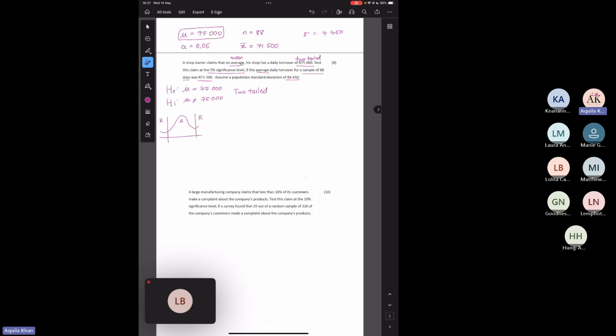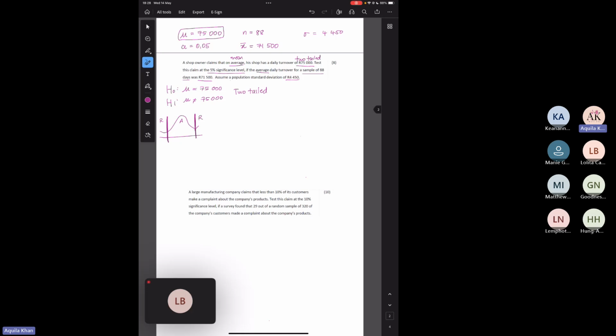Now, how do we get to those critical limits? Meaning, how do we determine what value these two lines hold? We know that the one on the right will be a positive figure, and we know that the one on the left will be a negative figure, because whenever you have a two-tailed test, the one on the right is your positive one and the one on the left is your negative. So how do we get to that value?